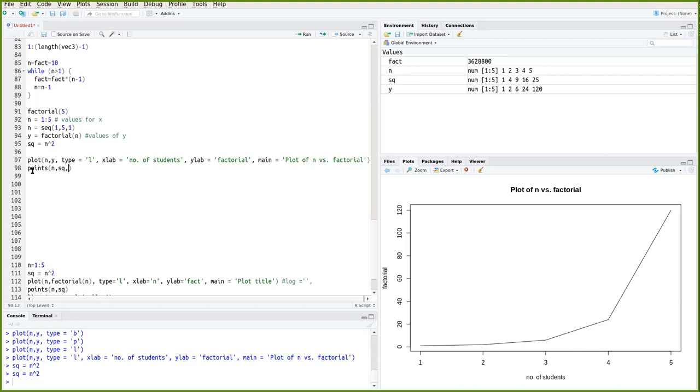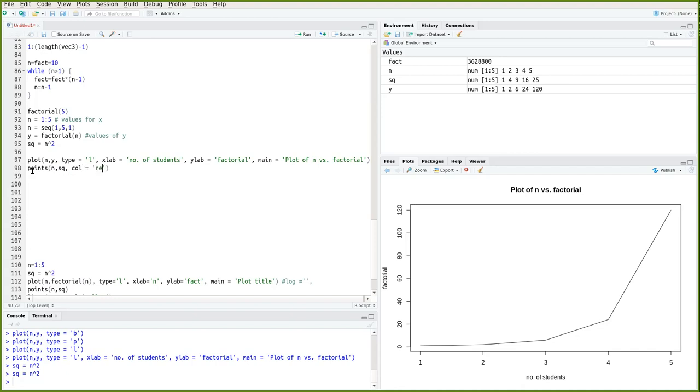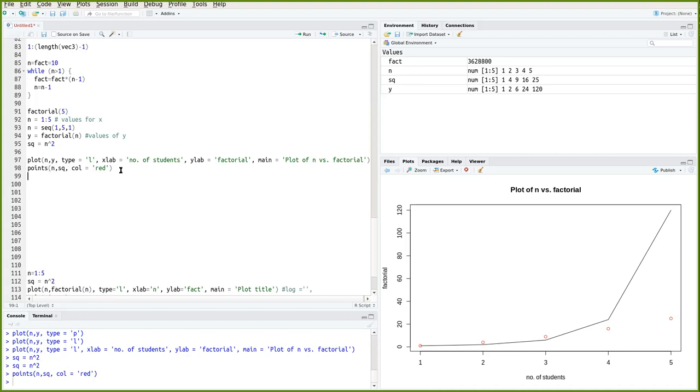So that we can differentiate it, I give it the color red, so it is distinguishable from that. And I do control enter. So you can see that the elements of this square vector appear here.